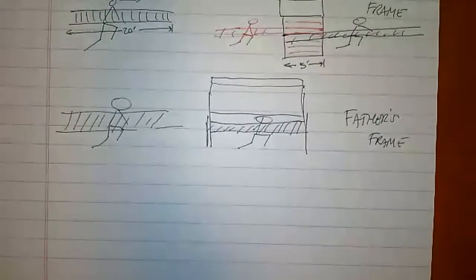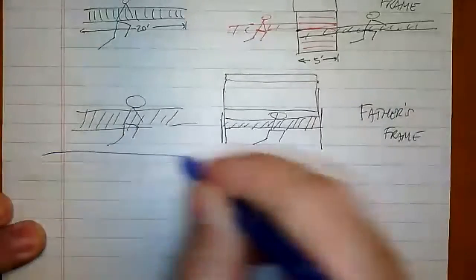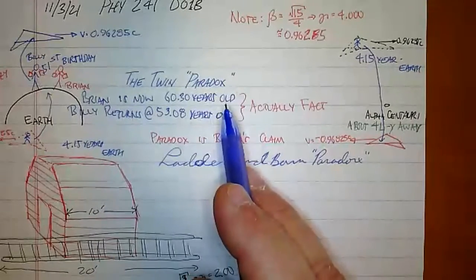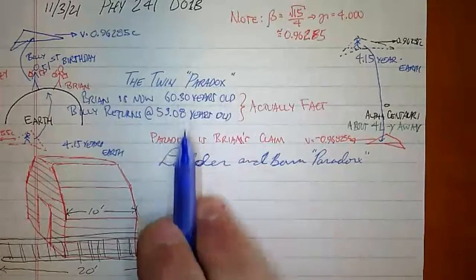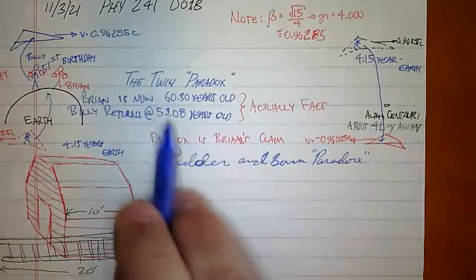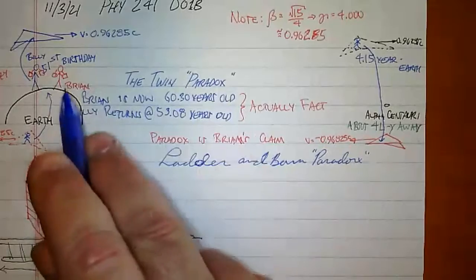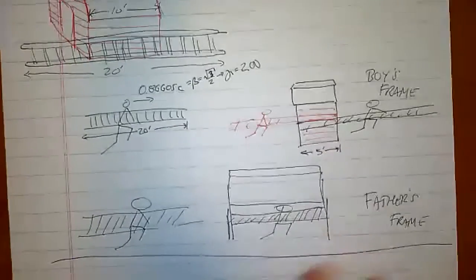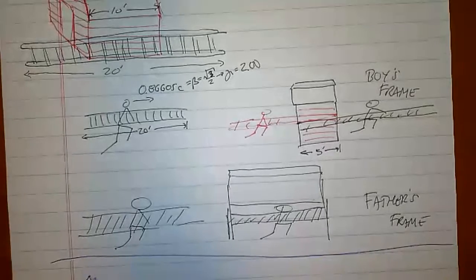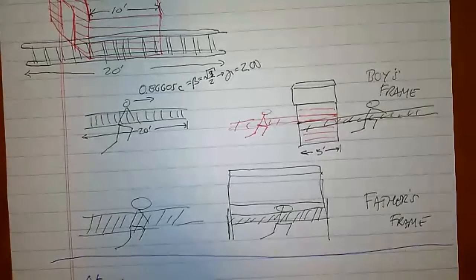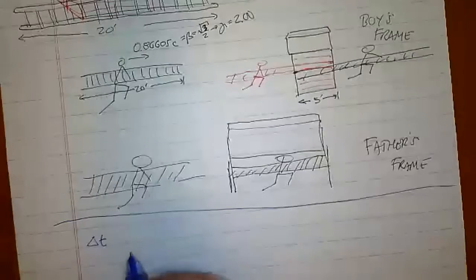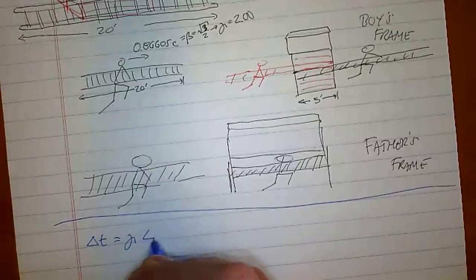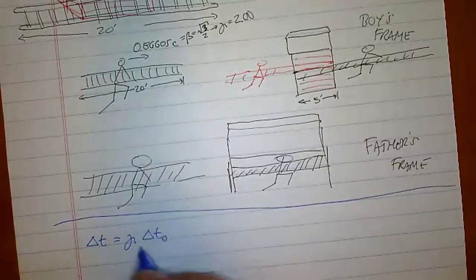Let me recap what we've written so far. The twin paradox was about understanding how you could test one person's claim versus another. If you can do some test to prove them wrong, then that person's claim is not valid. That's what happened with my brother claiming he was the younger one. What we've learned so far is that the time observed by someone on the bank next to a moving train car, delta t, is equal to gamma times delta t 0, the time measured by someone in the car.